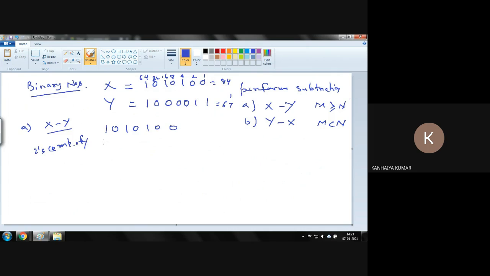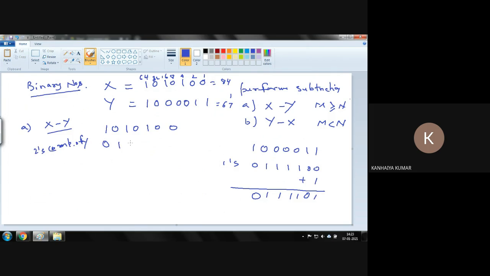So 2's complement first, let me write here y, 1, 4 zeros and double 1. So पहले 1's complement निकाल लेंगे, 1's complement में 0 1 1 1 1 0 0 और इसमें प्लस 1 ऐड कर दिया तो आपका 2's complement निकल जाता है. तो प्लस 1 0 1, देयर इज नो कैरी, सो बाकी सब बिट को एज इट इज उतार दो आप. Okay, so this is your 2's complement, so write it here.